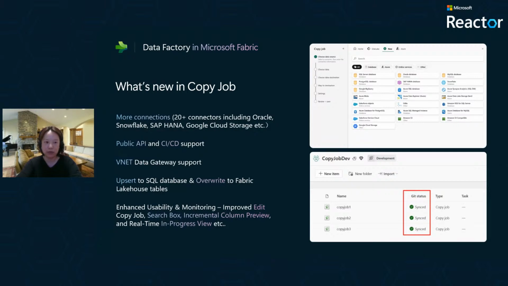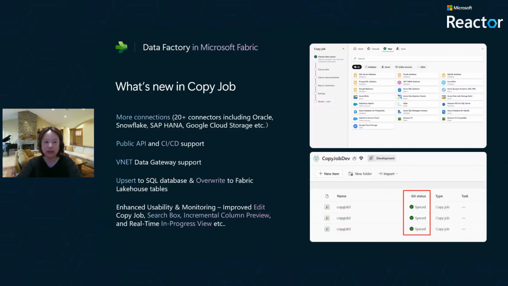For example, the public API and CI/CD support, VNet data gateway support, and we also provide you more flexibility to bring data from source and write data into destination. For example, we added the upsert and overwrite support for SQL database and lakehouse tables. In addition, we keep enhancing the usability and monitoring experience based on the feedback we heard during our preview period.